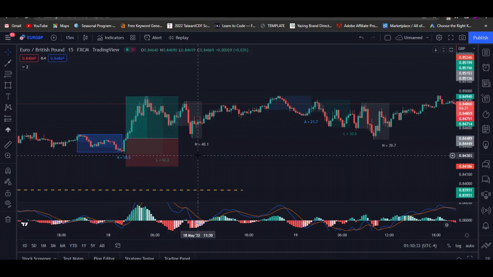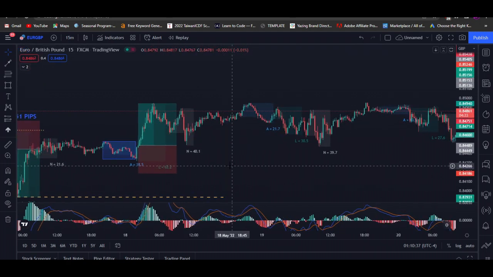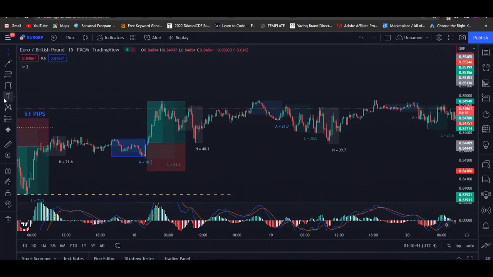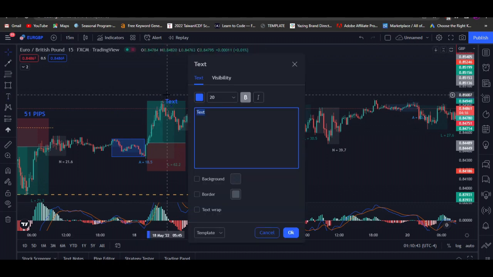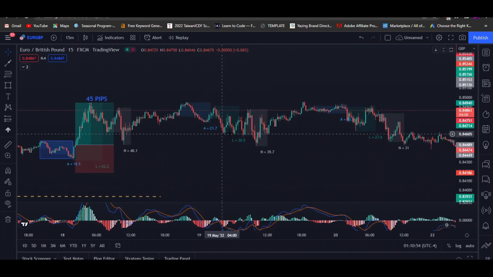And 45 pips profit. So we mark that down. 45 pips profit.